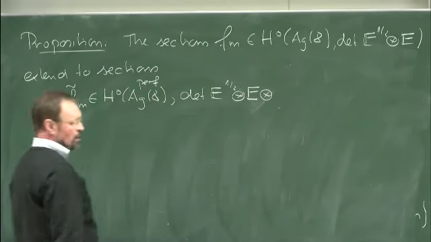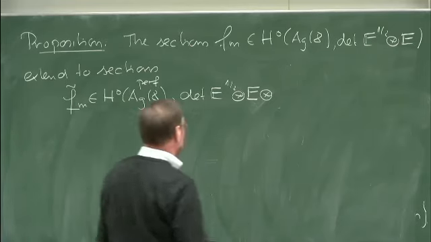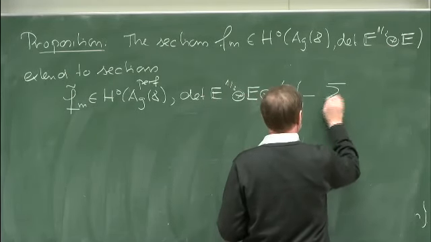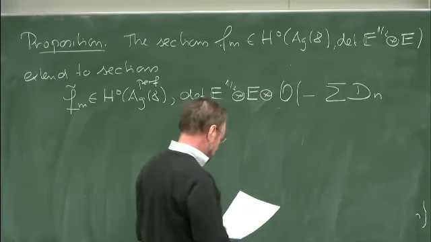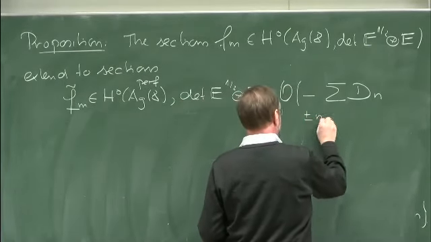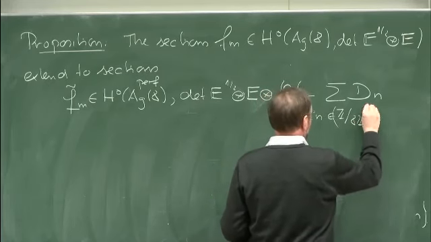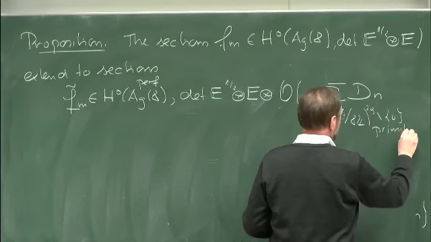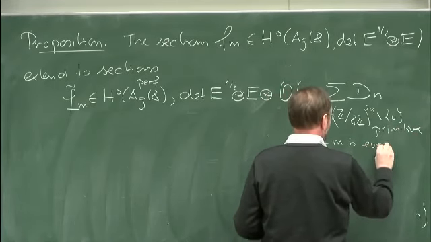And now we should subtract certain boundary components, and one has to figure out which ones. So we subtract the sum over the following boundary components Dn, where plus minus n is in Z over 8Z to the 2g minus 0, primitive, and n2 plus m is even.